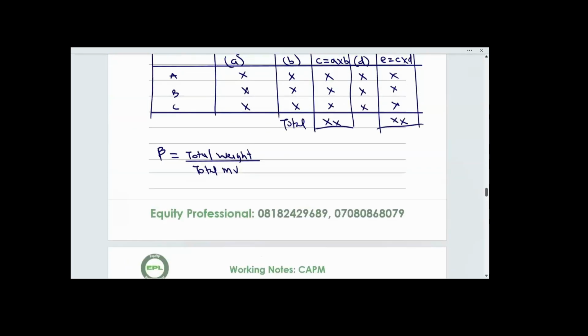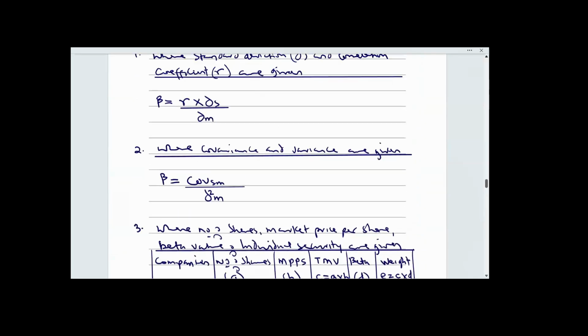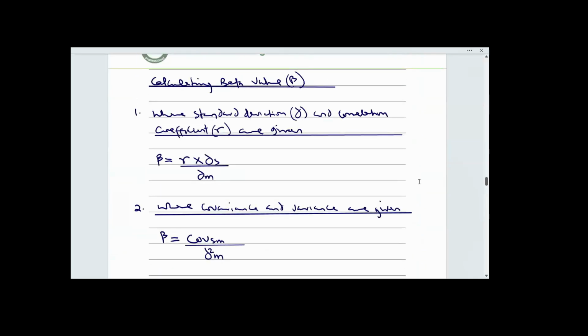R is equal to correlation coefficient. DS is equal to standard deviation of security.